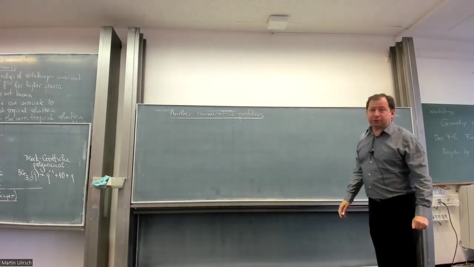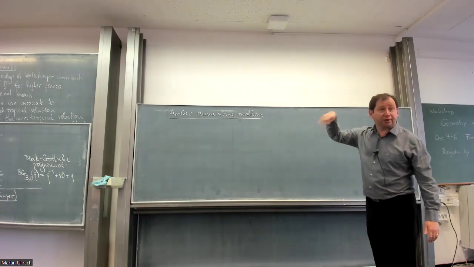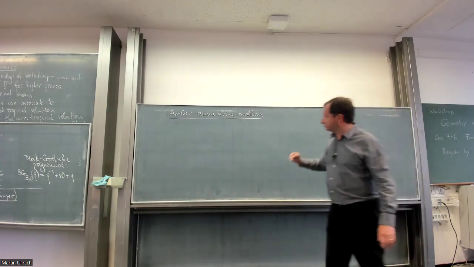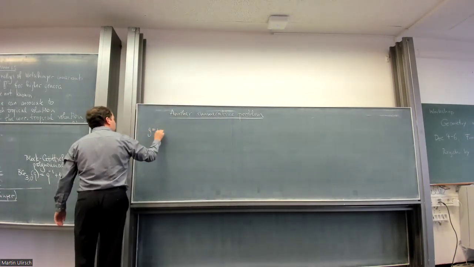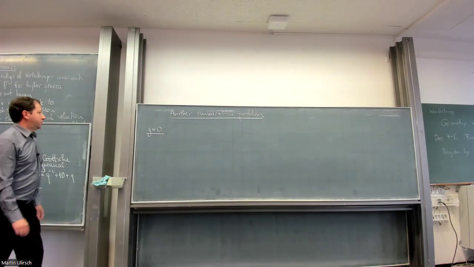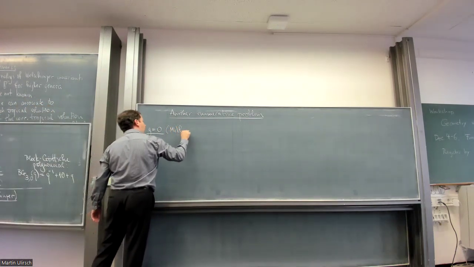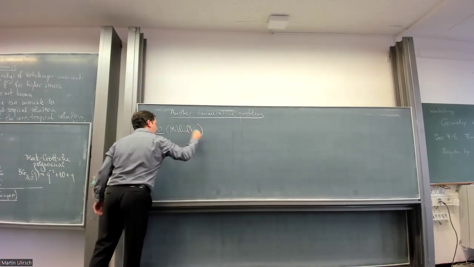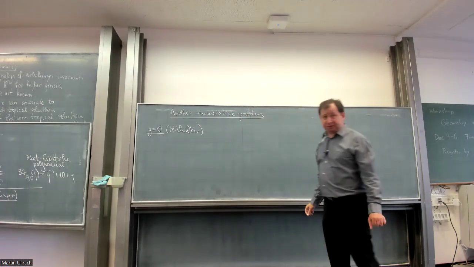I'd still like to start by enumerating rational curves, real rational curves. So we will be in the case of genus 0 to start with, and this was the case considered by Grigory Mikhalkin. The enumerative problem I'd like to consider is as follows.